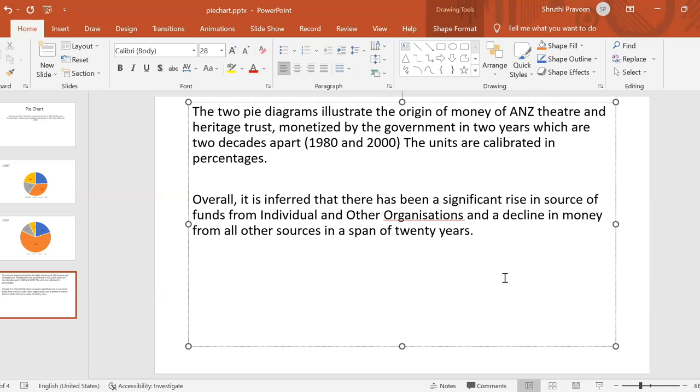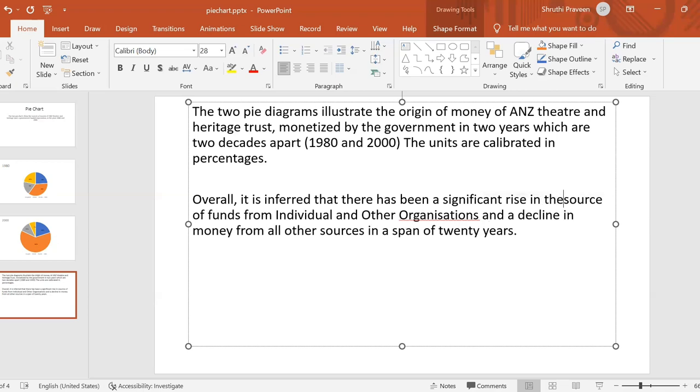Okay, this is my overall. Overall, it is inferred that there has been a significant rise in the source of funds from individual and other organizations, and a decline in money from all other sources in a span of 20 years.